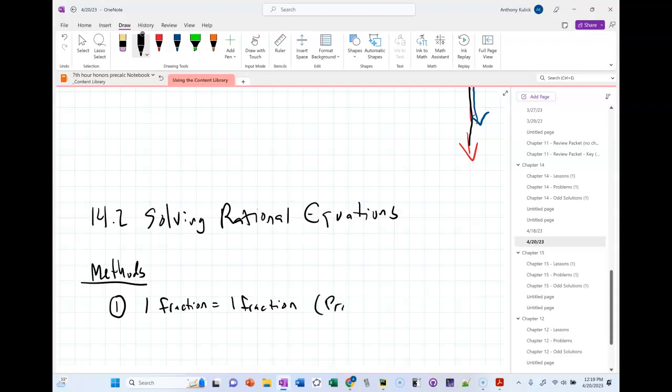Remember that this is also known as a proportion. That helps jog your memory at all. You can do the numerator first. Yeah, we call this cross multiplication is usually the term that we use for that.